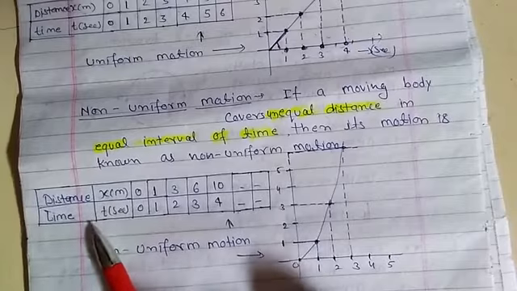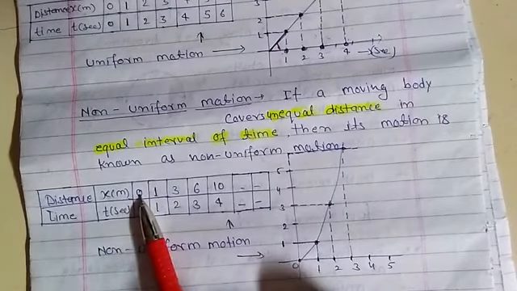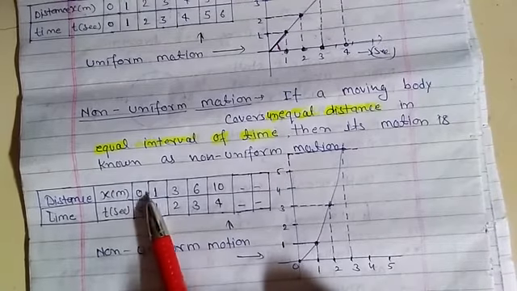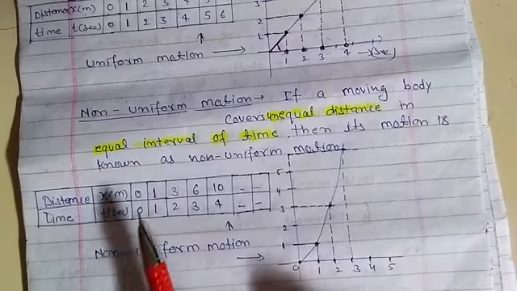For example, we take some data. X is in meters, time in seconds. For time 0 seconds, distance is 0 meters. For time 1 second, the distance is 1 meter. At time 2 seconds, distance is 3 meters.